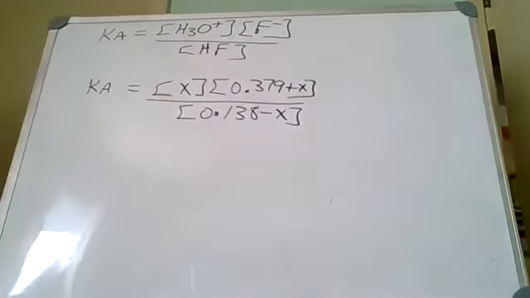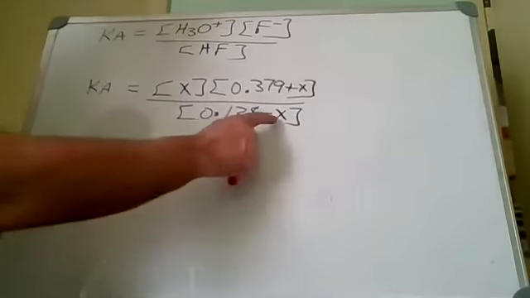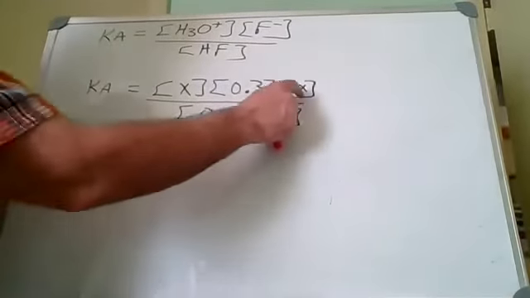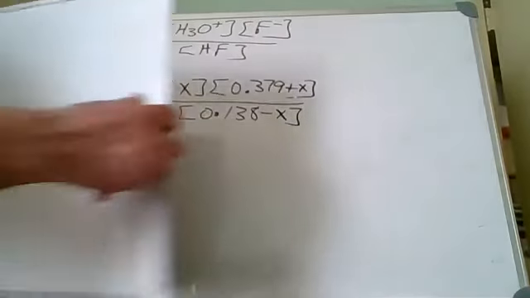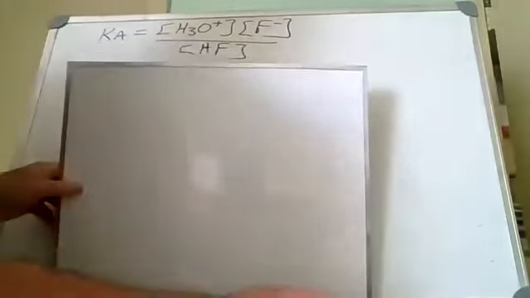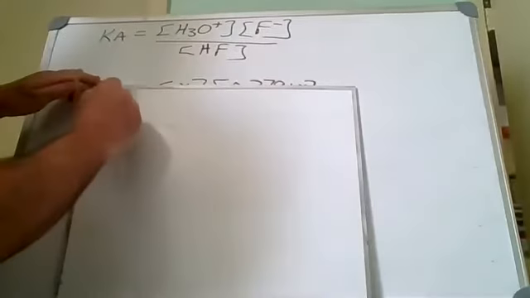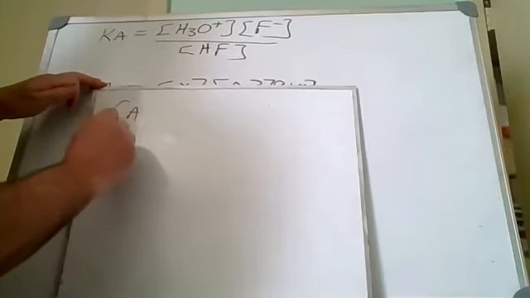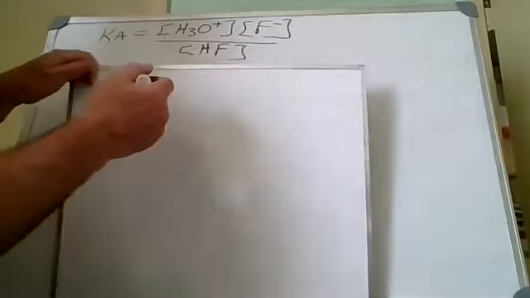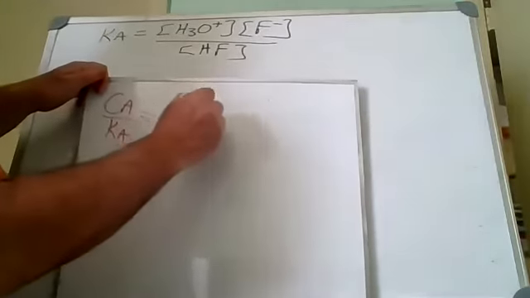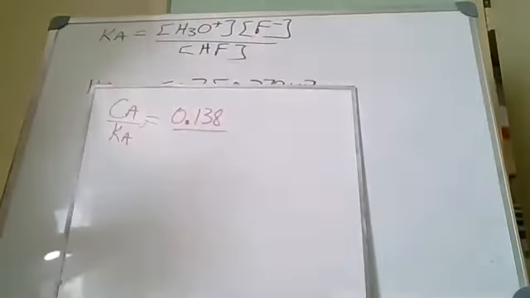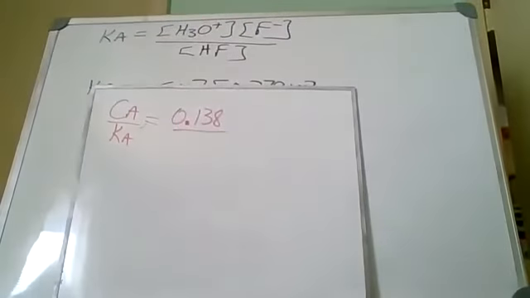All right, so we have to do our little test to see if we can drop these x's here. So Ca divided by Ka, I'll go to the small board for that. Ca divided by Ka equals, well, Ca is 0.138 molar, and Ka for hydrofluoric acid, I've got to look back in the book.